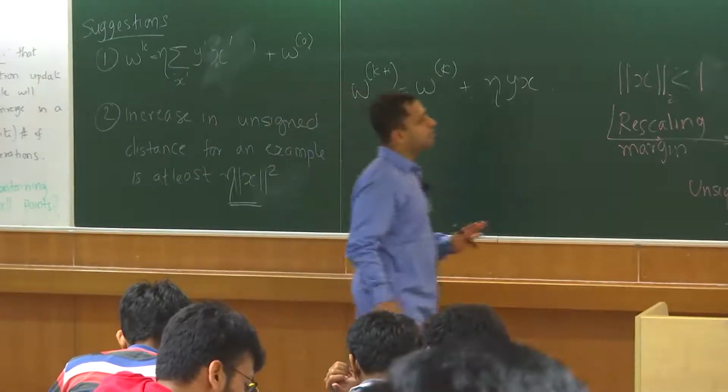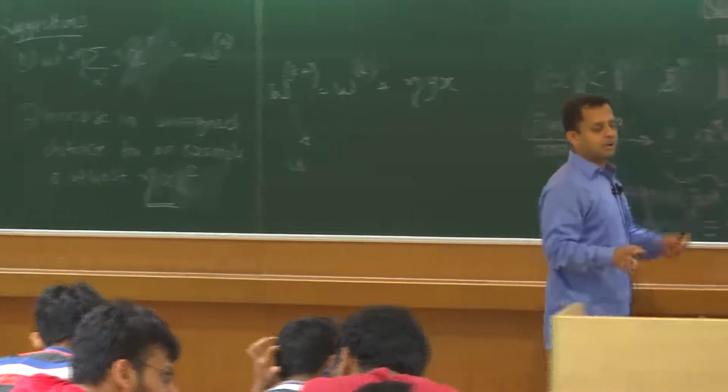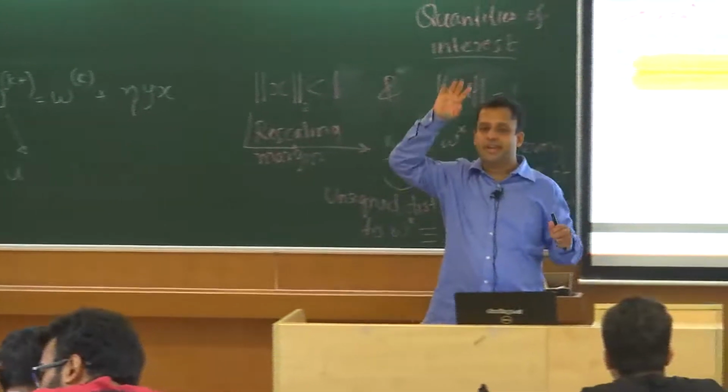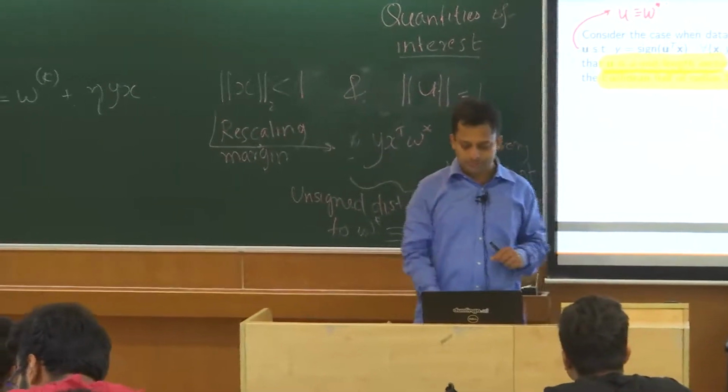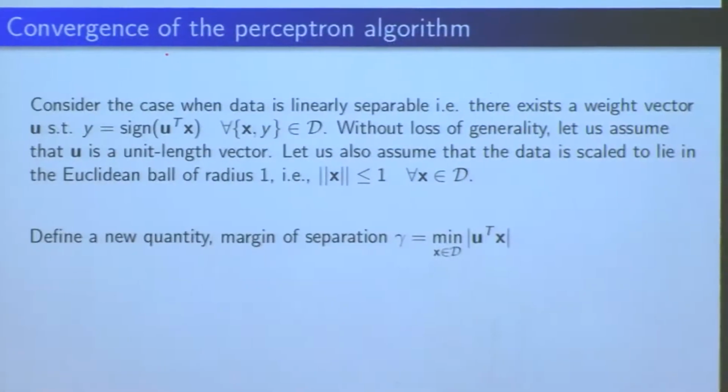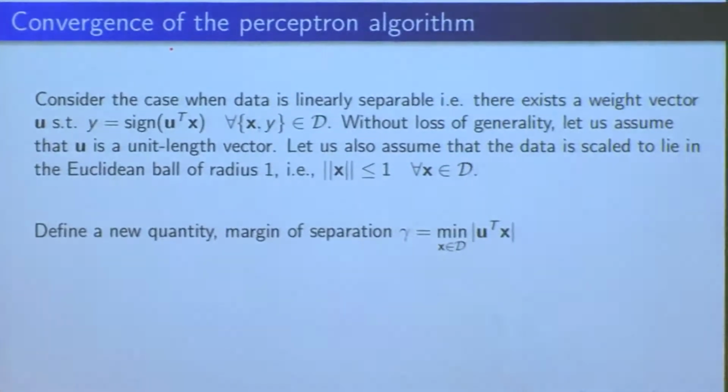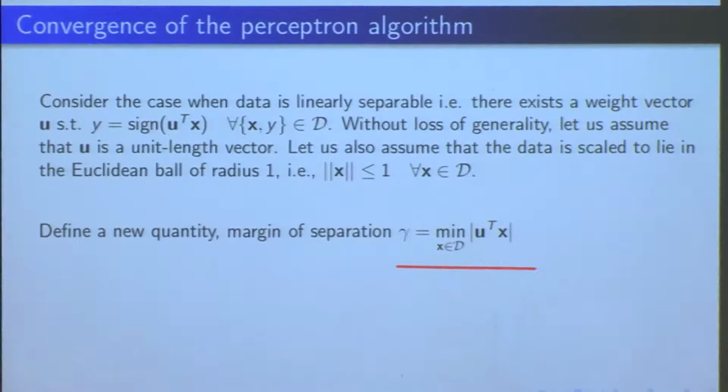Directionally, this w and your wk for very large values of k is compatible with u. We also define this margin of separation, and we want to show that for large values of k the margin will always be positive, rather the unsigned distance will become positive, and this margin is with respect to the u that actually separates the points.